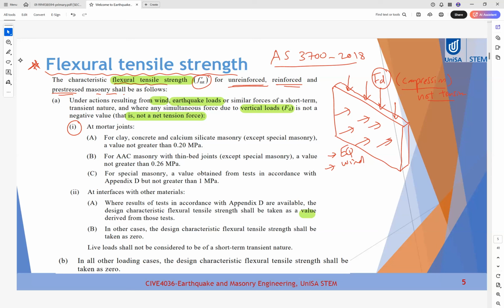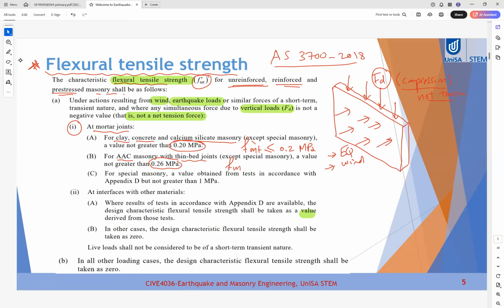The flexural tensile capacity at the mortar joint for clay, concrete, or calcium silicate masonry will be not greater than 0.2 MPa. So f'_mt will be less than or equal to 0.2 MPa for clay, concrete, or calcium silicate. For autoclaved aerated concrete masonry with thin bed joints, the value will be a little bit higher, at 0.26 MPa.